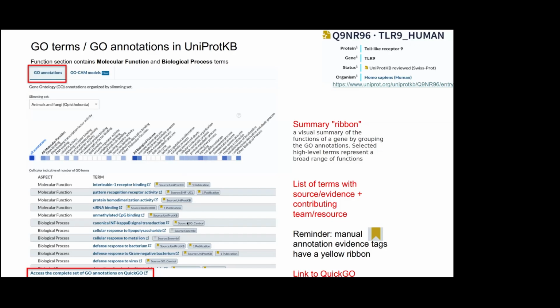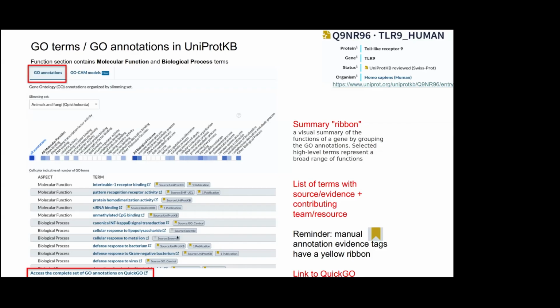And following this graphical display, we have the list of terms that are given with their sources and evidences about the contributing team and the publication, if there is one associated.